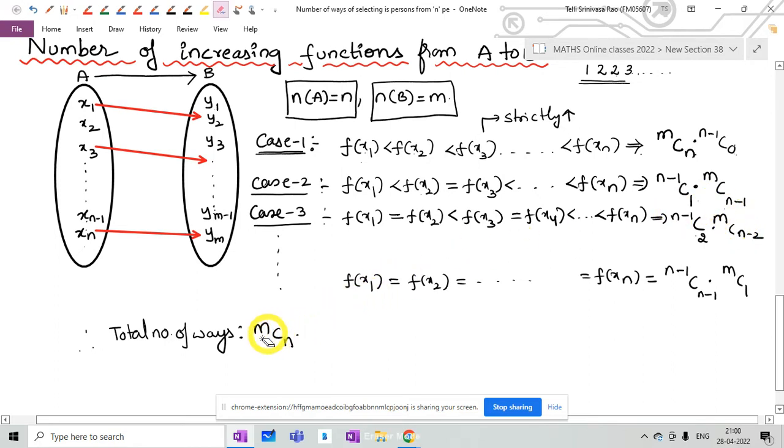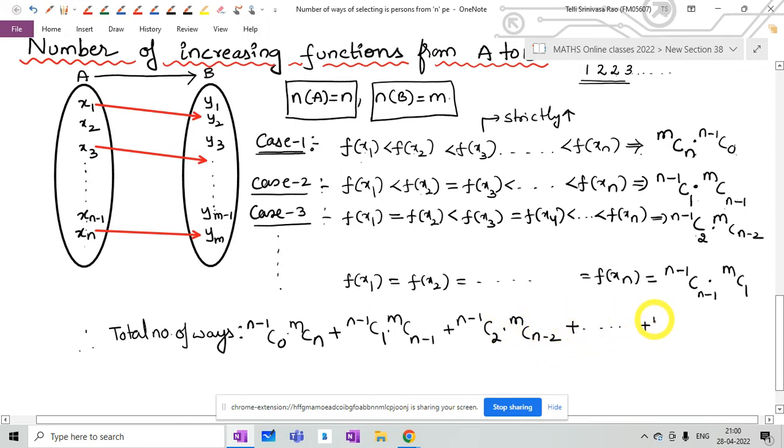So we can write this as (n minus 1)C0 into mCn plus (n minus 1)C1 into mC(n minus 1) plus (n minus 1)C2 into mC(n minus 2) plus so on up to (n minus 1)C(n minus 1) into mC1.